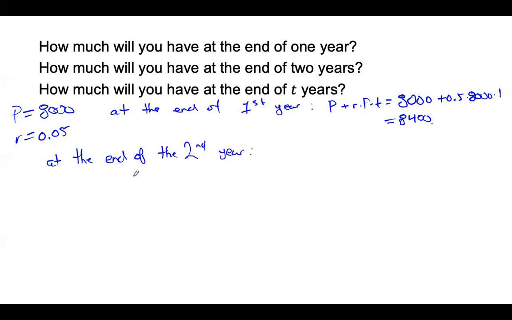Okay, so at the end of the first year, what do we have? I'm just writing it out, the formula is 8,000 plus 0.05 times that 8,000.